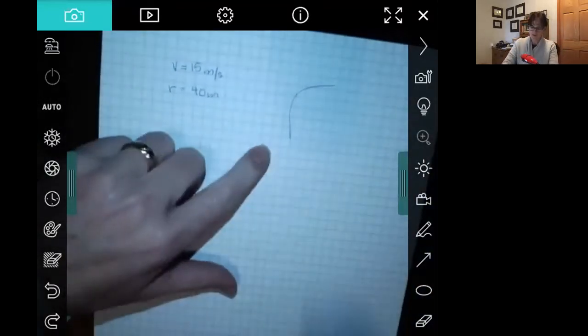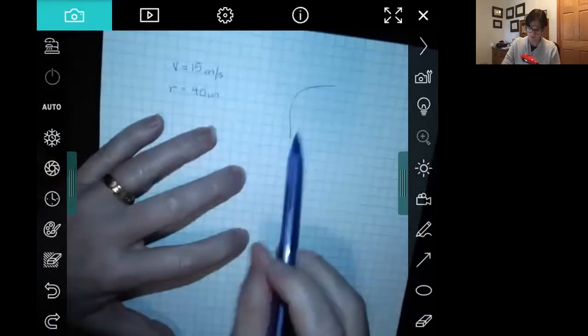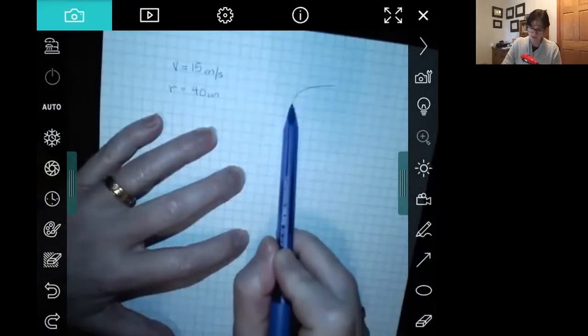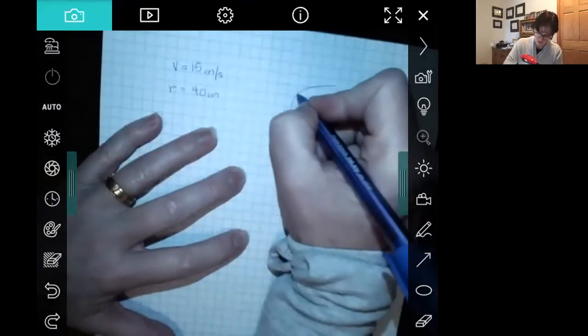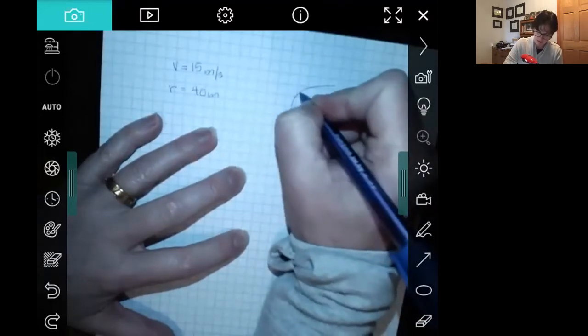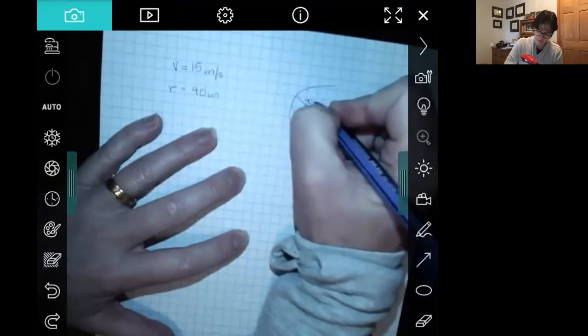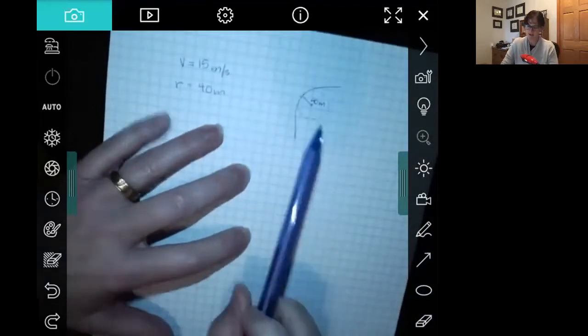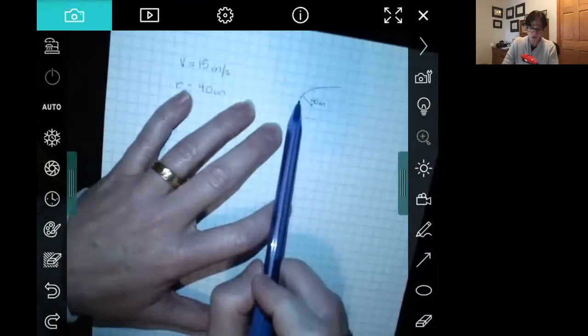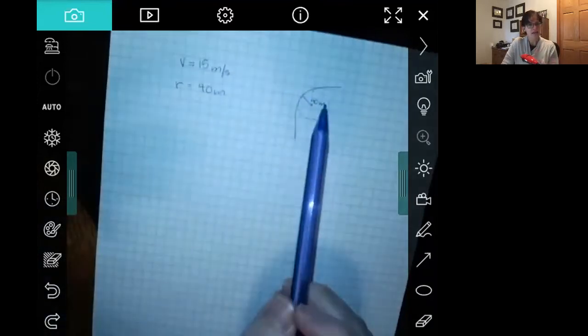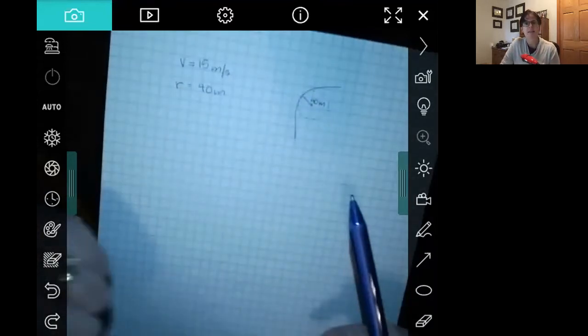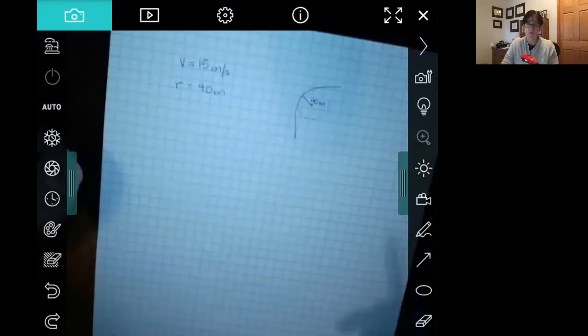Well, if we look at this curve from the top down view, we see that the car enters into the curve, and the curve can be modeled as a portion of a circle with radius 40 meters. And so during the curving part of the drive, if the car is going at a constant velocity, it will indeed be in uniform circular motion during that piece of the curve.